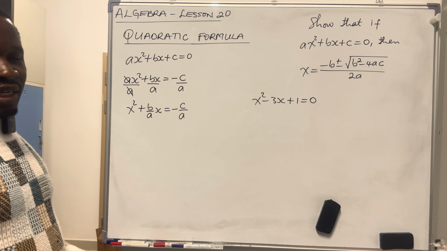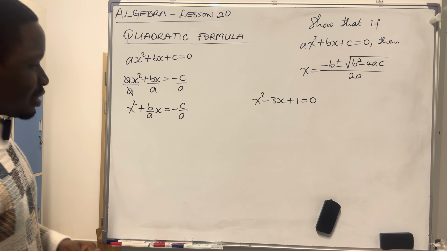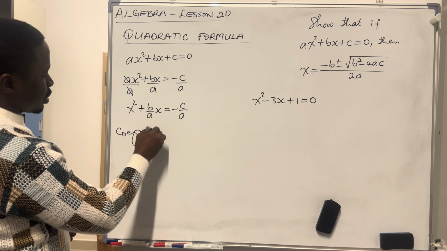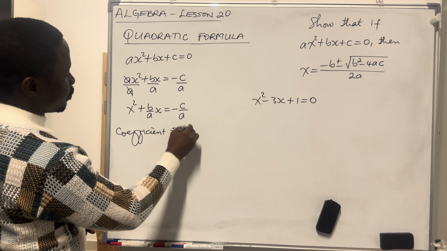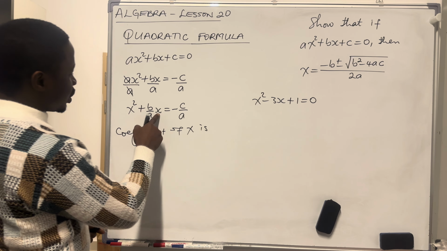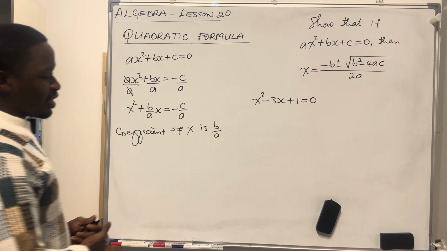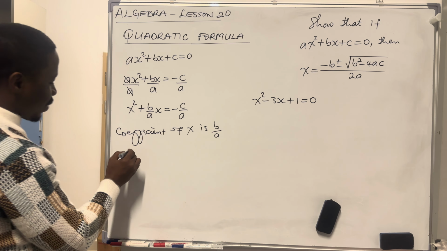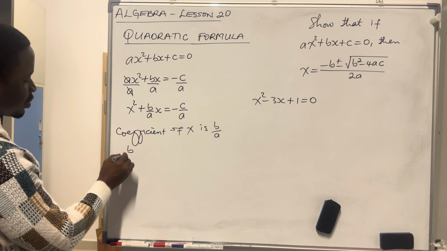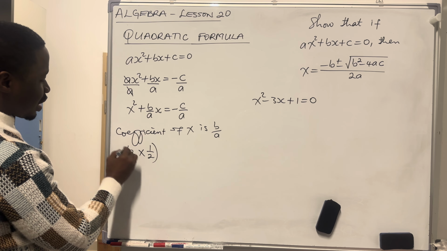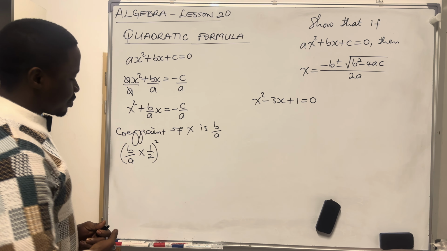What is next? The coefficient of x. What is the coefficient of x? It is b over a. So this b over a, what do we do? We multiply it by half and square it.